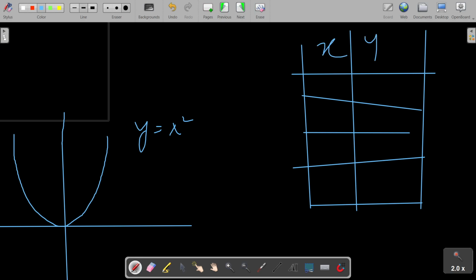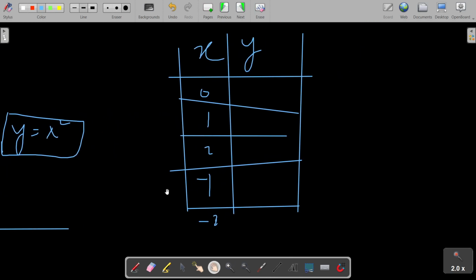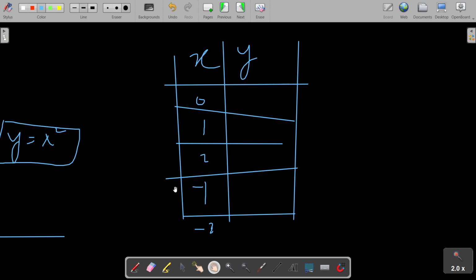Here are x values, here are y values. So y = x². If I take x = 0, 1, 2, and −1, −2: if I plug in x = 0, then 0 squared is 0, so y also becomes 0.